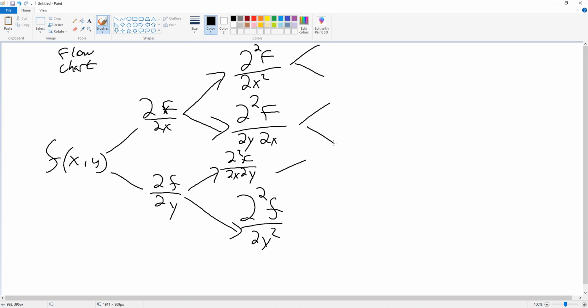Basically, like that amazing chart that you see in statistics, and just keep on going until we get back to constants. Because once we get to a constant, then it goes to goose egg, right?